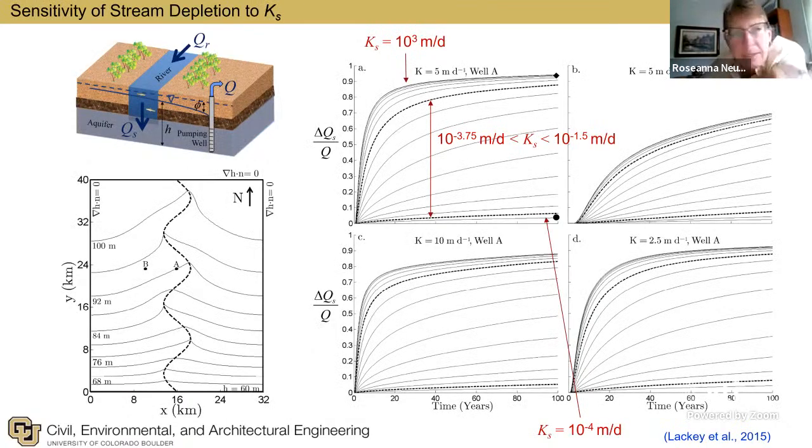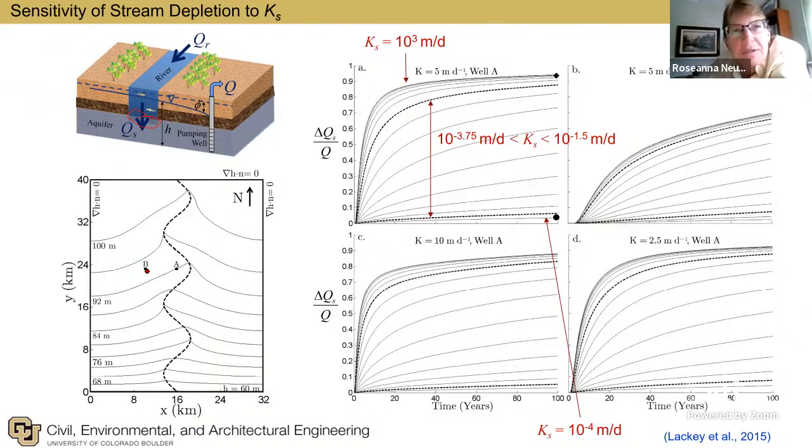At the top, again, you can see the picture that we looked at earlier. What we're looking at in these plots on the right is how stream depletion changes when the hydraulic conductivity of the stream bed sediment changes. The aquifer on the bottom left is the plan view of what we're using. We're looking at stream depletion due to pumping at either well A or well B. Well B is farther from the river.